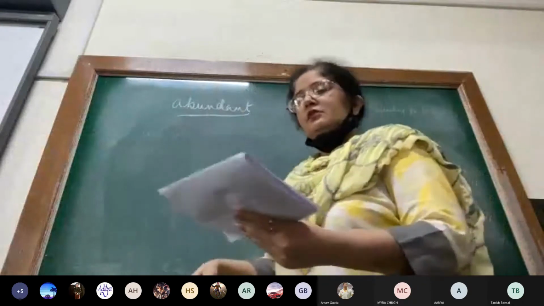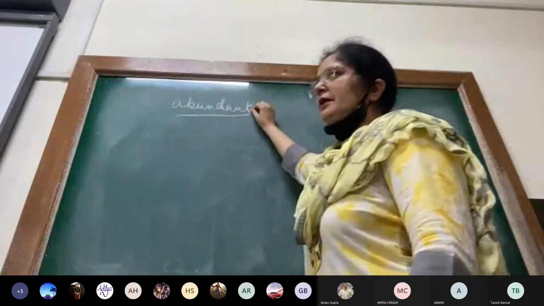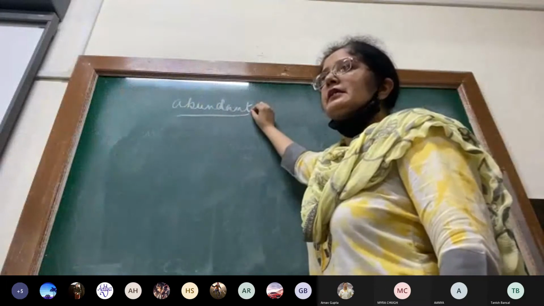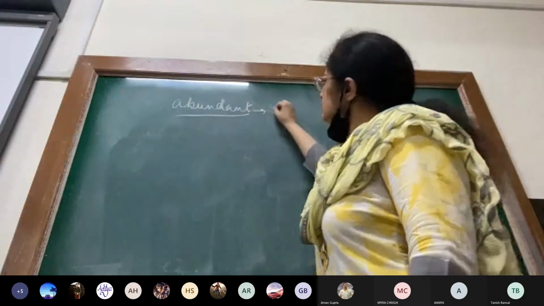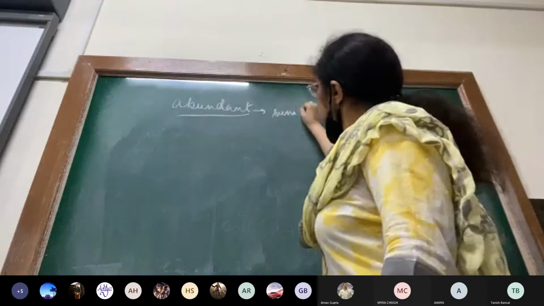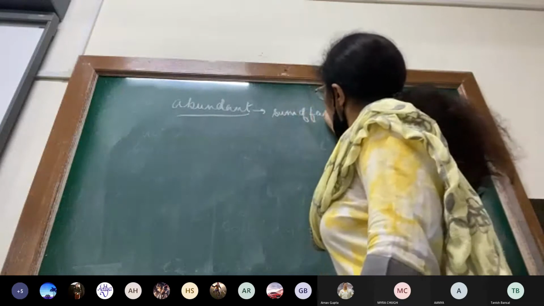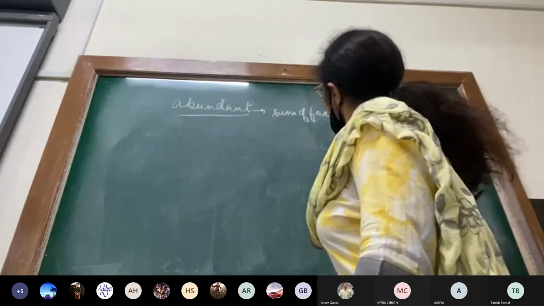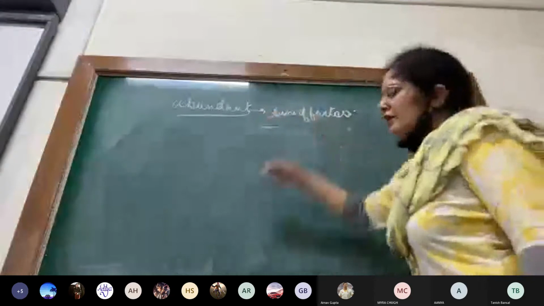Okay. So let us discuss this one, the abundant number. Now see, what is an abundant number? An abundant number is a number in which the sum of the factors of any number. Okay, let's discuss first how to find the factors of a number.